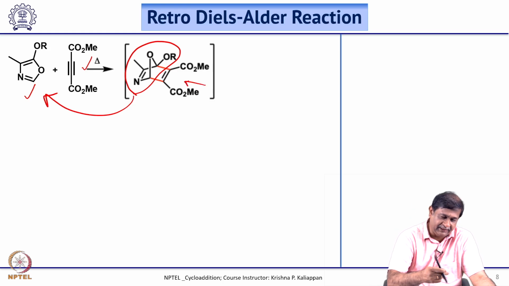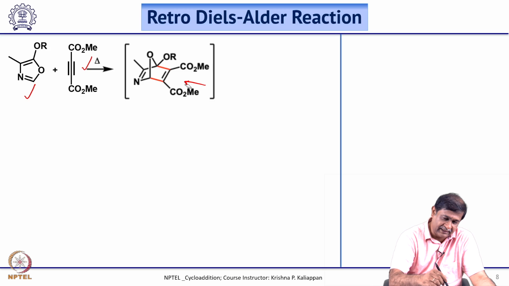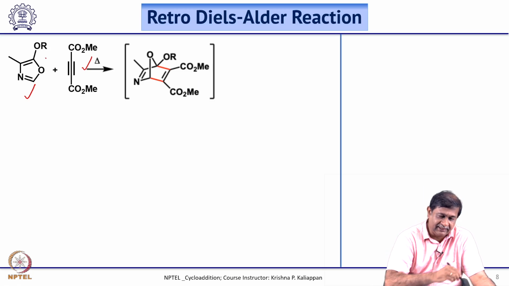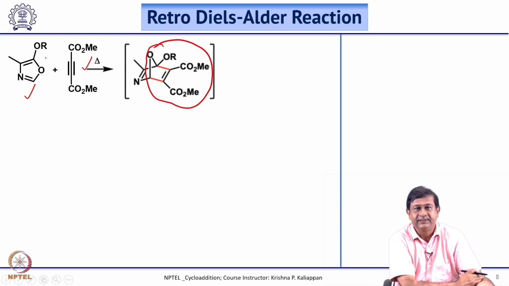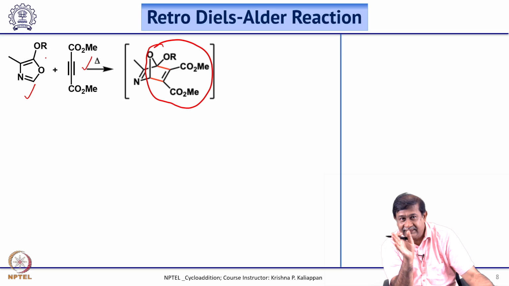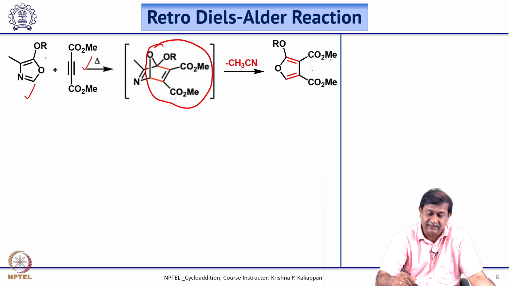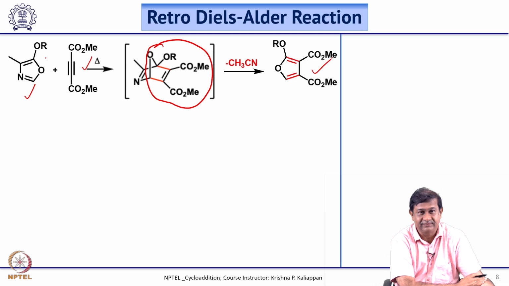The other possibility is that instead of this diene coming out, it can also do so in such a way that the right-hand side will come out. If that happens, what you get is a substituted furan.